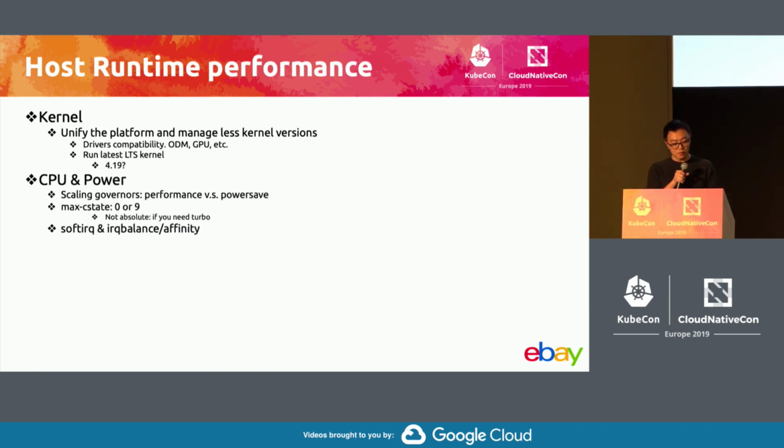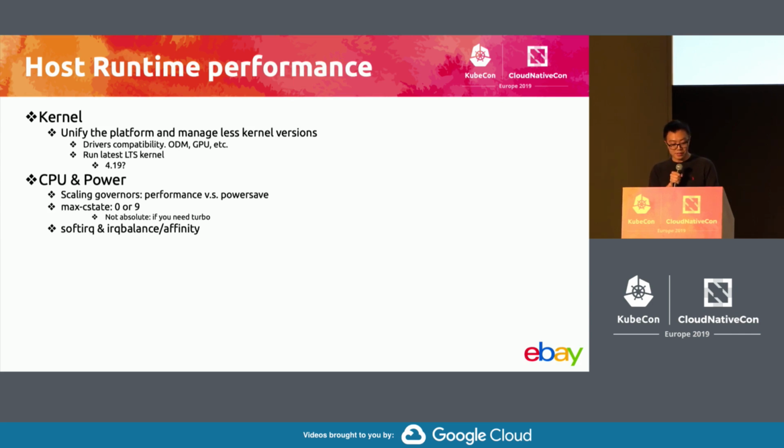So the next one for host runtime tuning is about CPU and power. You always want to push your server to the limit when it runs high-performance workloads. So you want to make sure that it's running in performance mode instead of power-saving mode. So you pretty much flip the P-state, and you always want to make sure that there's not any other service of the system, like Canonical's ondemand, that's reverting your changes.